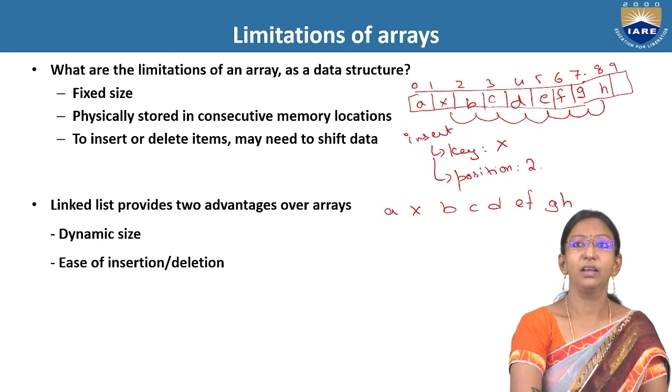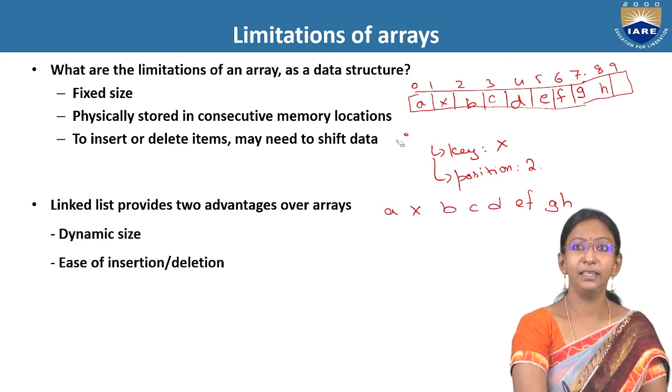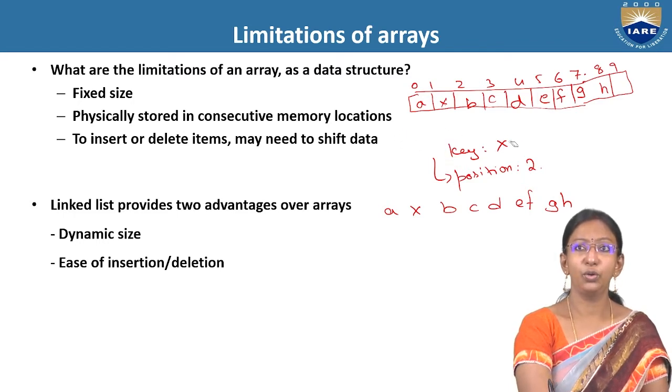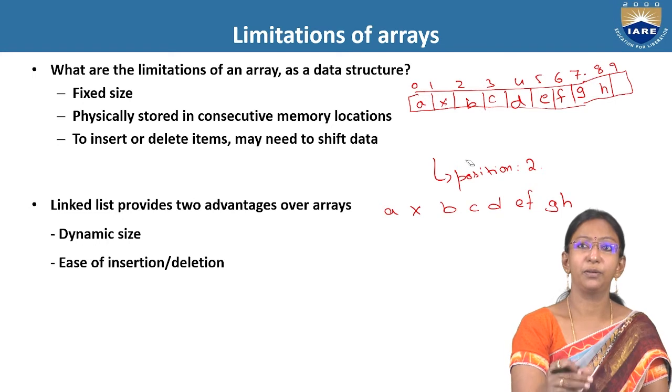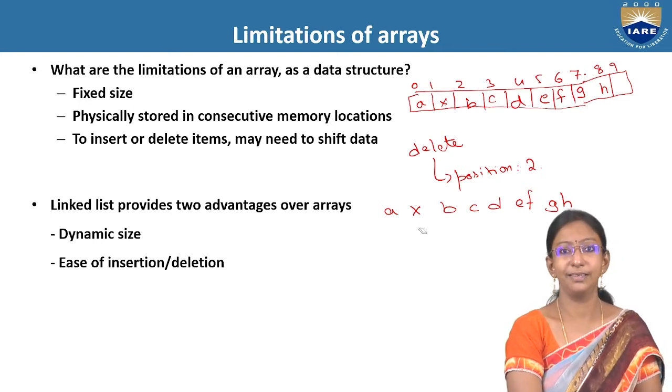Say this is your list, and rather than inserting, you want to delete an element. That is, you want to delete the element at position 2, which is X, which you recently inserted.